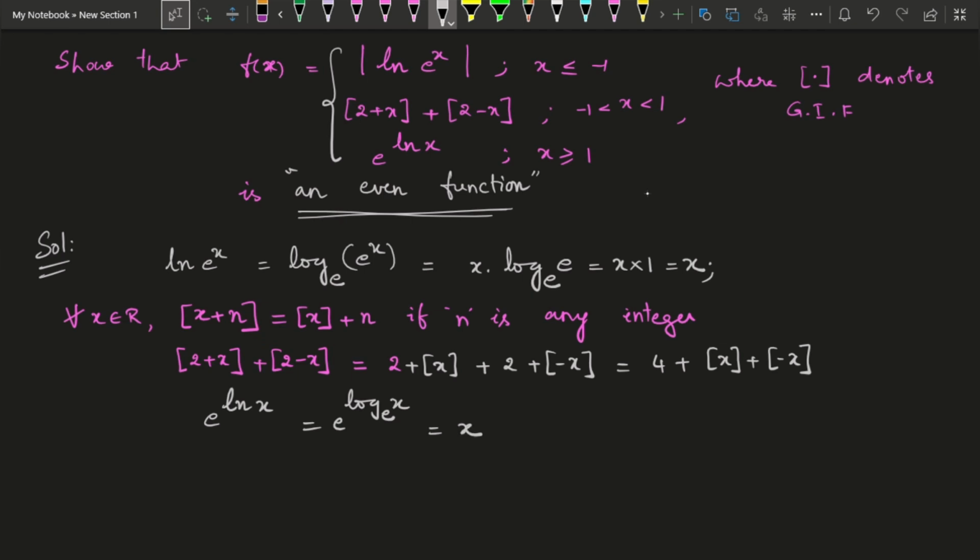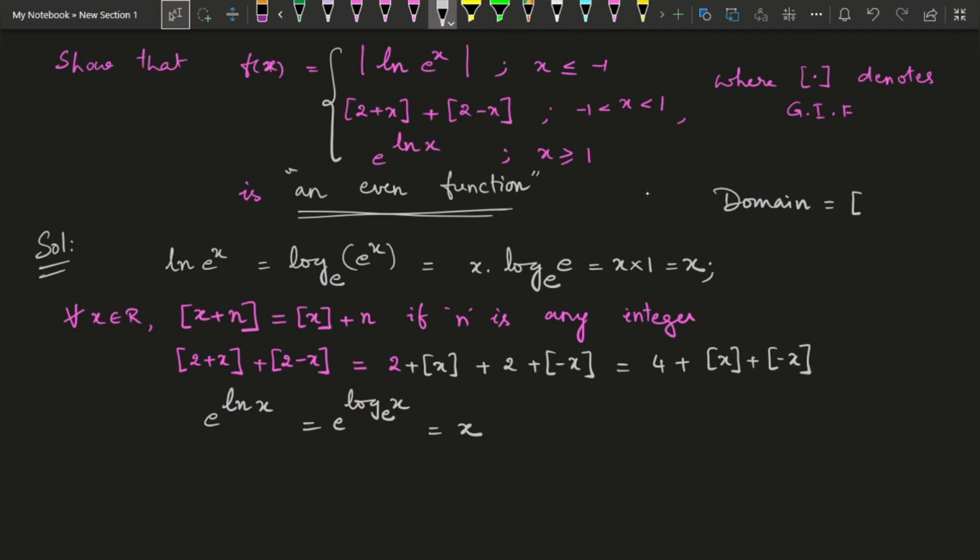Now I am going to redefine the function. What is the domain of the given function? Here the domain of the given function is defined for x less than or equal to minus 1, as well as minus 1 to 1, and x greater than or equal to 1. So how can we write this?